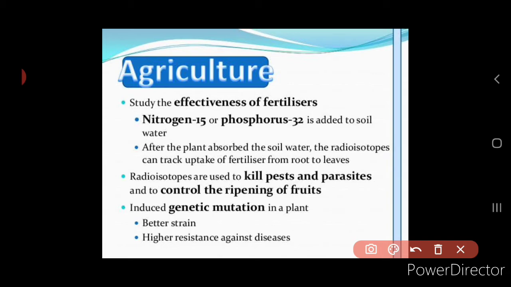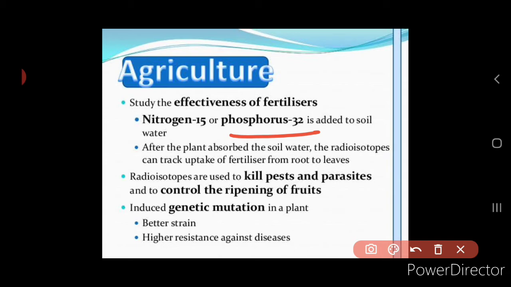If you see the application in the field of agriculture, the radioisotope phosphorus-35 will increase the productivity of the crops, to increase the yield of the crops, right?